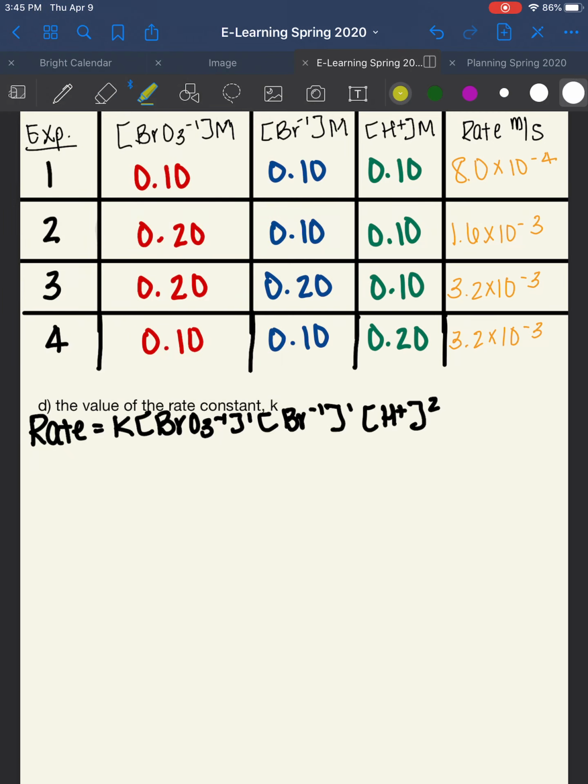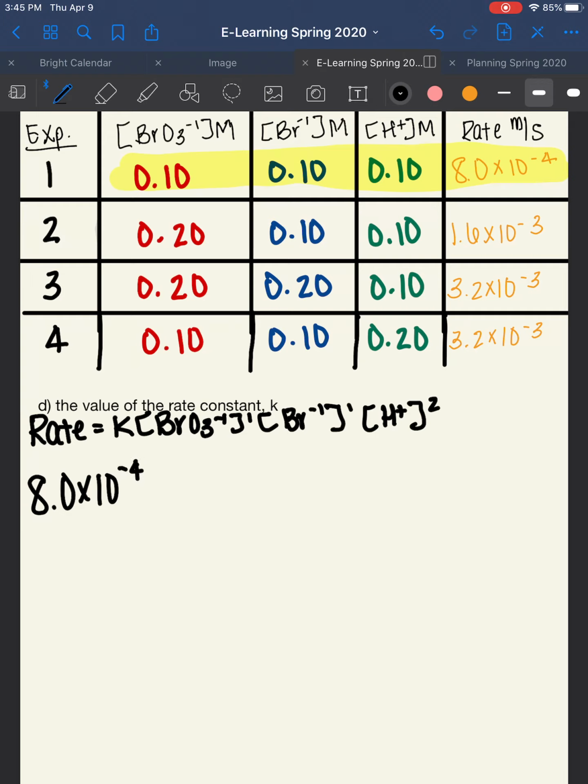I'm going to be using data from experiment 1, only because all 3 of the reactant concentrations are the same, so it should make the calculations a little bit easier. When I replace my information for rate, I'm going to use the rate of that specific experiment, which is the 8.0 times 10 to the -4.